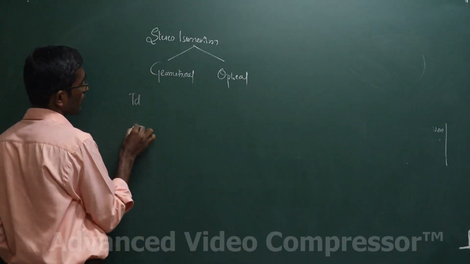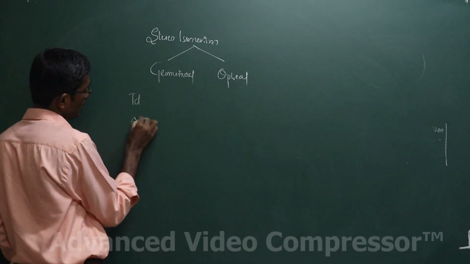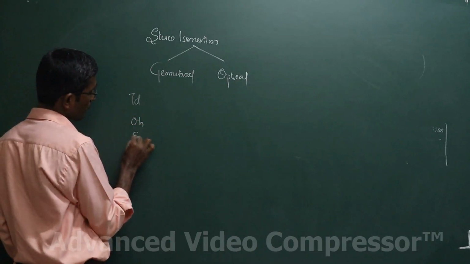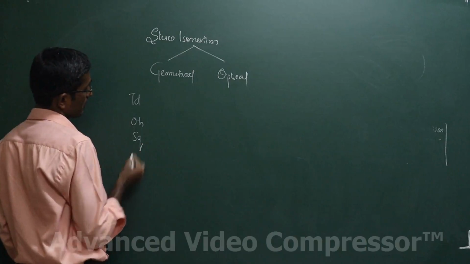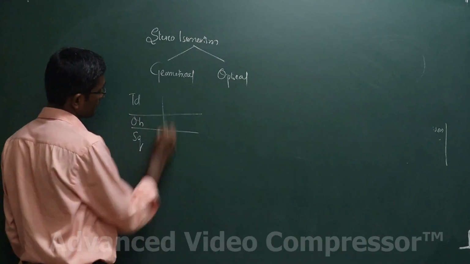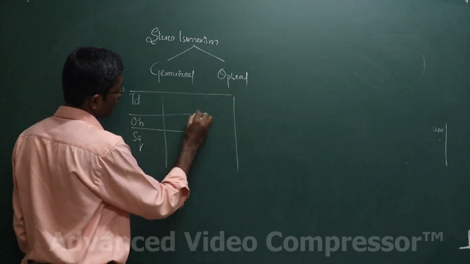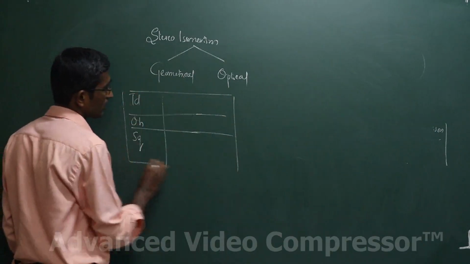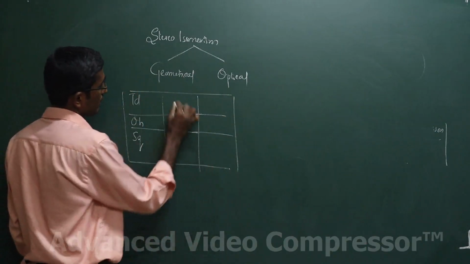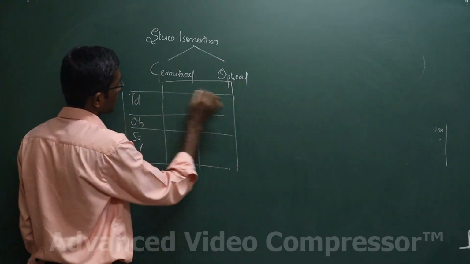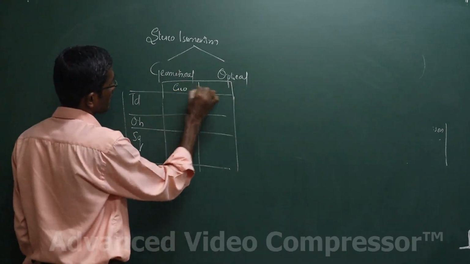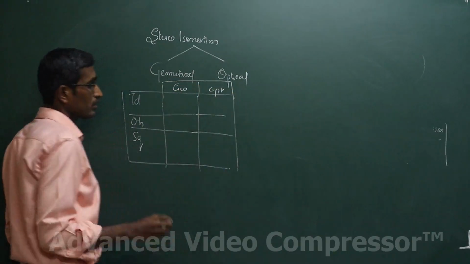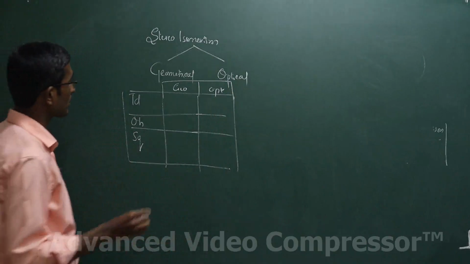We'll have tetrahedral complex, octahedral complex and square planar complex, right? Just to give a basic hint regarding how it goes, we'll take geometrical and optical isomers.